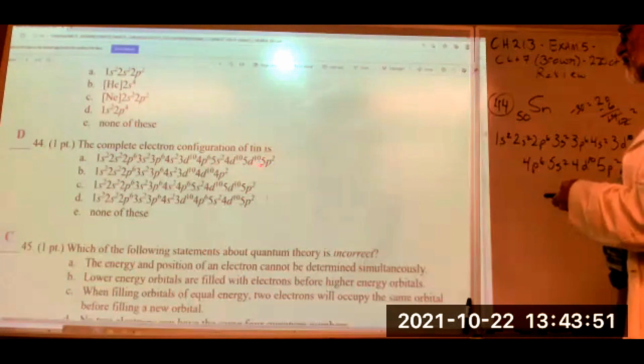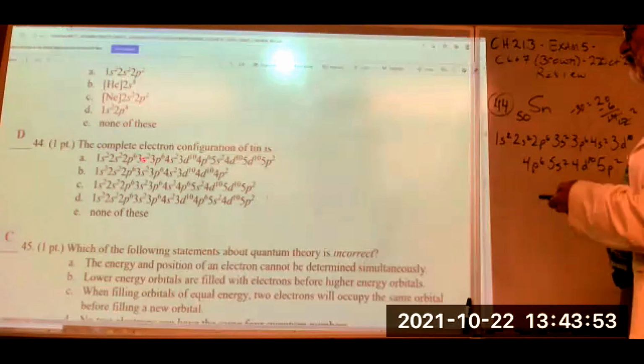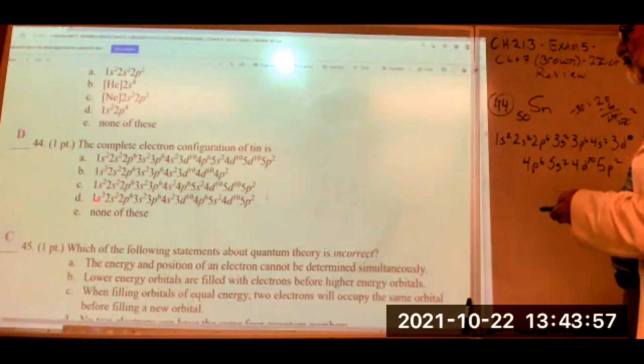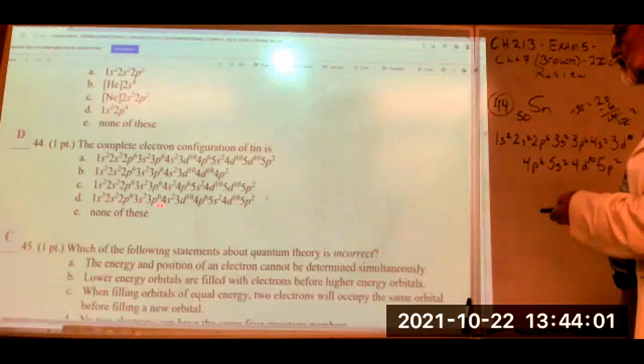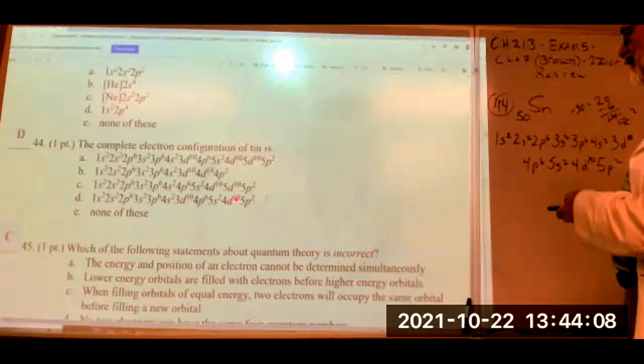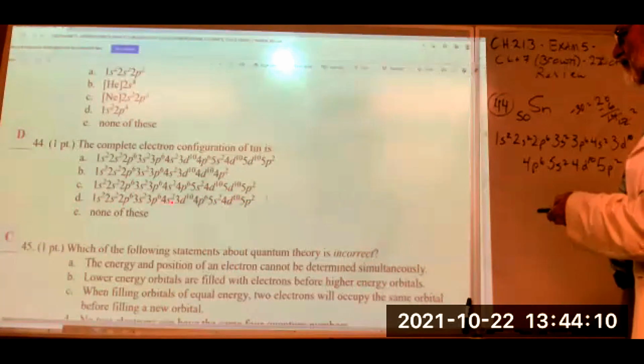Wait a minute. What's the difference between this one and that one? Top one has 5d. Ah, thank you. This is the right one.